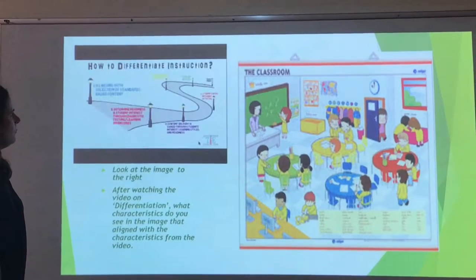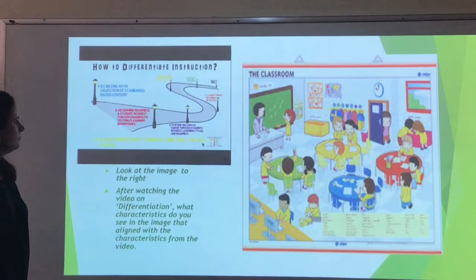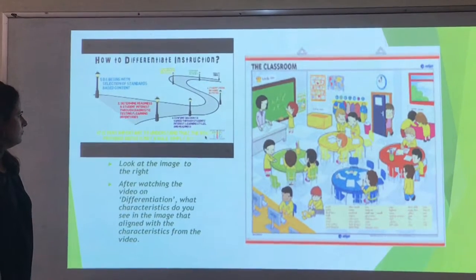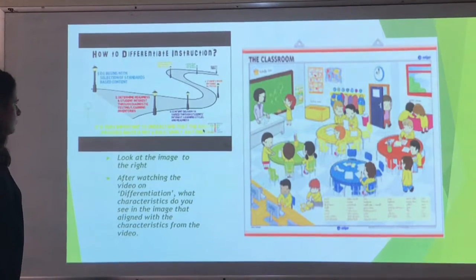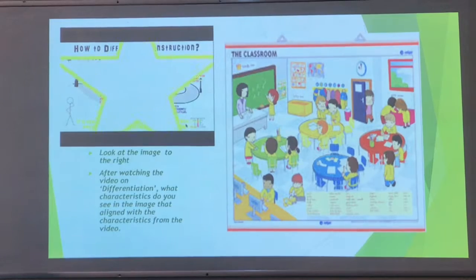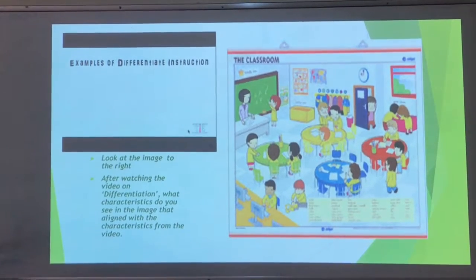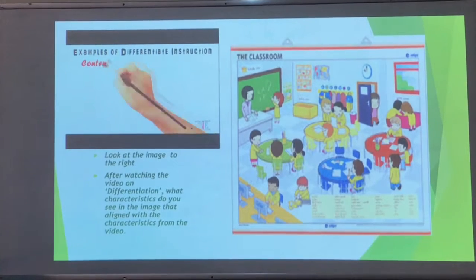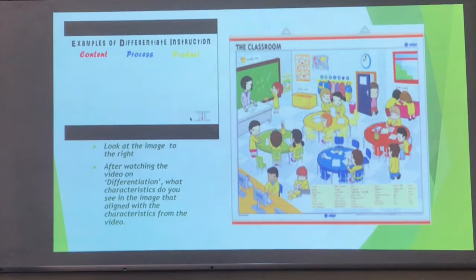You're still teaching an entire class. Again, I will say this. It is important to understand that the roadmap above is not a rule, simply just one idea. It is up to you to come up with your own ways to differentiate instruction. Now, let's take a look at some examples of differentiated instruction. Instruction can be differentiated through content, process, and product.